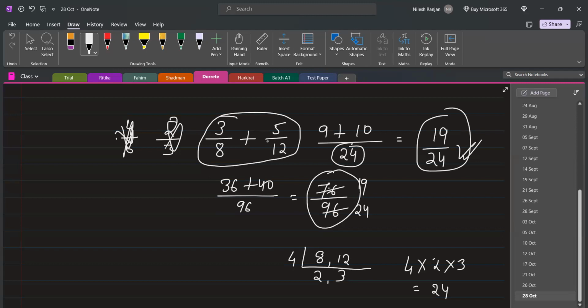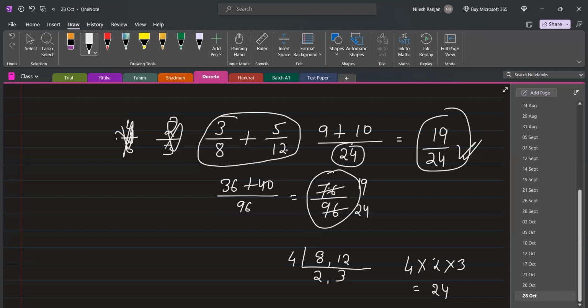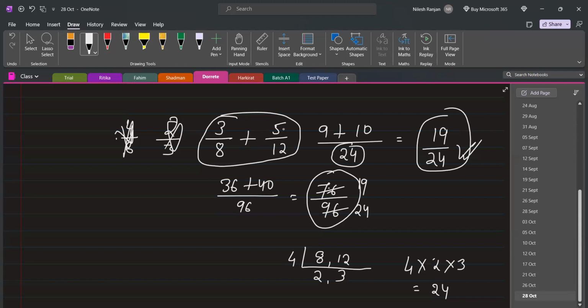Okay, sir. And 24 divided by 12 is 2. 2 into 5, 10. Multiplied by 5. Okay, sir. 10. Okay, sir. Got it.